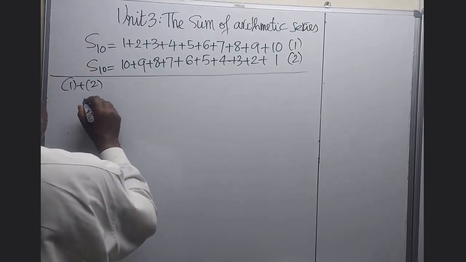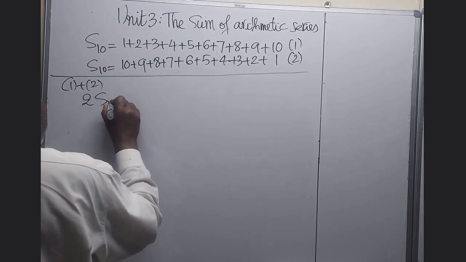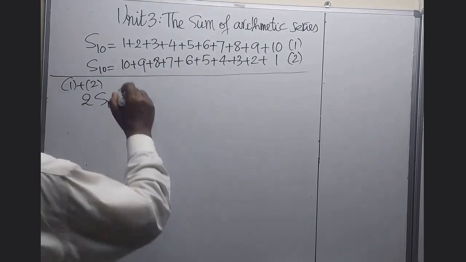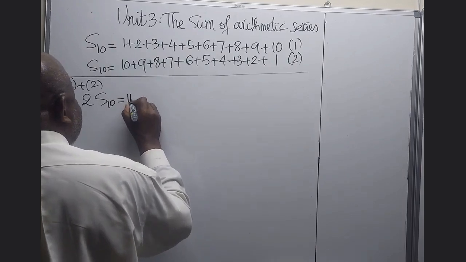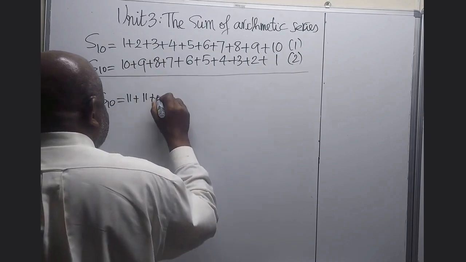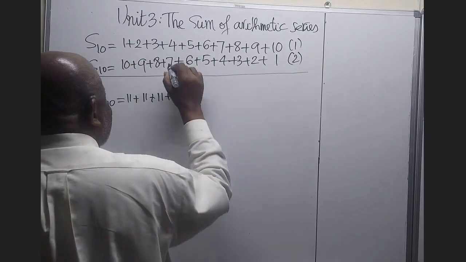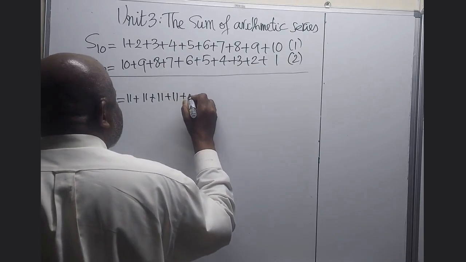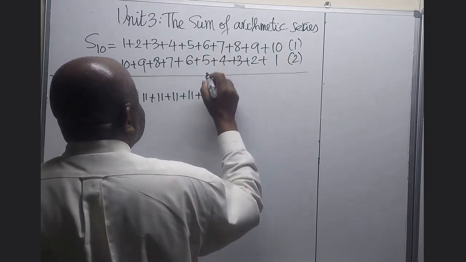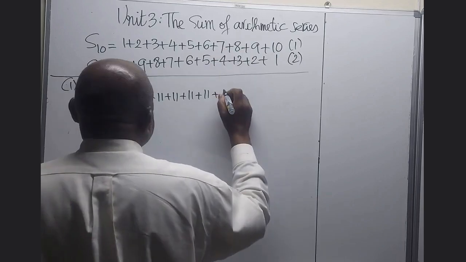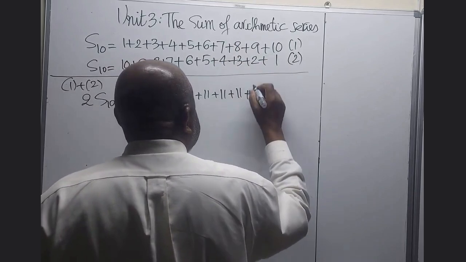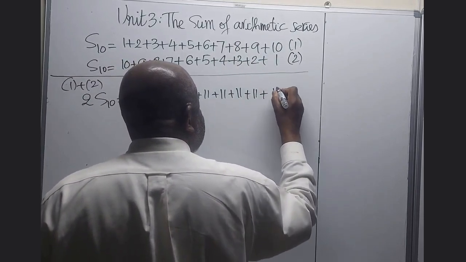Then we'll get 2 times S10, which will be equal to 1 plus 10, we get 11. 2 plus 9, we're going to get 11. 3 plus 8, we're getting 11. 4 plus 7, we're also getting 11. 5 plus 6, 11. And here 6 plus 5, 11. 7 plus 4, 11. 8 plus 3, 11. 9 plus 2, 11. And 10 plus 1, 11.